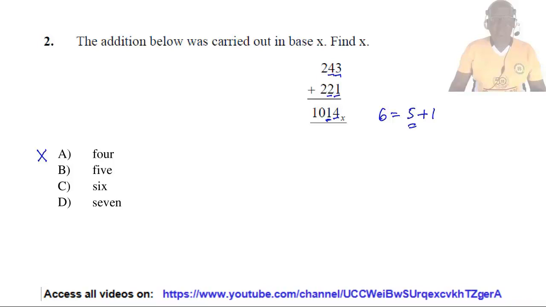The 5 in the next column is going to be 1. So we shall add 1 plus 2 plus 2. That is 5. 5 can be written as 5 plus 0. We shall put 0 over here, and the 5 in the next column is going to be 1. So the answer is B.